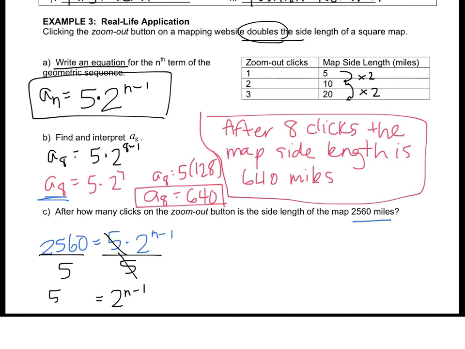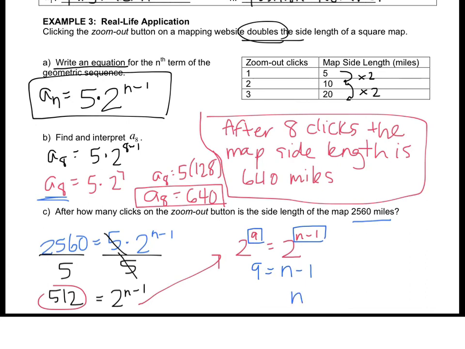And that's 512. Now, you can use guess and check to figure out what n is, but I'm going to use a skill that we learned in an earlier lesson. I'm going to rewrite 512 as 2 to the 9th. I'm going to make them have the same base, and then when they have the same base, you can make the exponents equal to each other. So that means that 9 equals n minus 1, so n is 10 clicks.